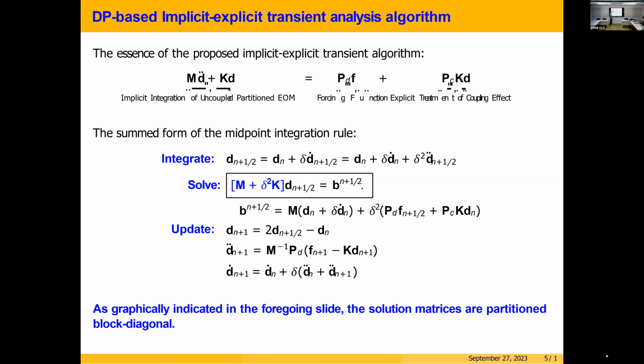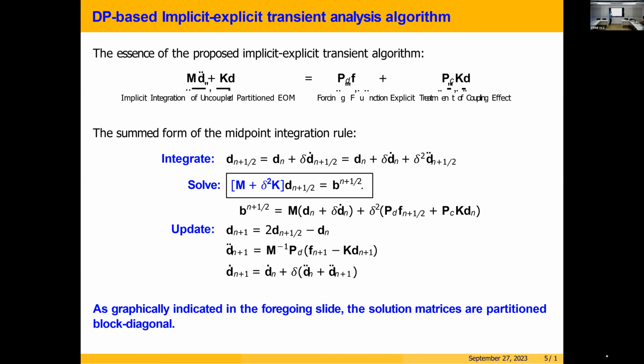Okay. So this is the implicit part. This is the forcing function, and this is the explicit part. So when you use a midpoint rule, you integrate using this part. But the midpoint rule is something not many people are using, but it doesn't make any difference whether you use a trapezoidal rule or Newmark algorithm or not. For linear problem, for non-linear problem, it doesn't make a huge difference.